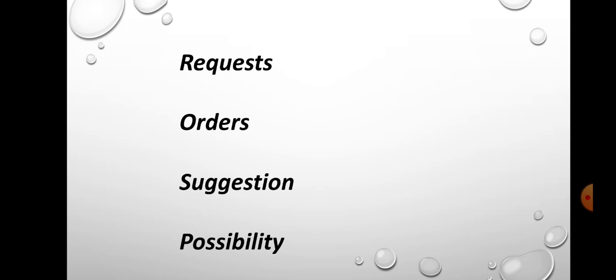And another example, my father suggested a compromise. Then next concept is possibility. Possibility can be expressed in a number of ways. For example, by using the noun, the word possibility. Possibility here is a noun.